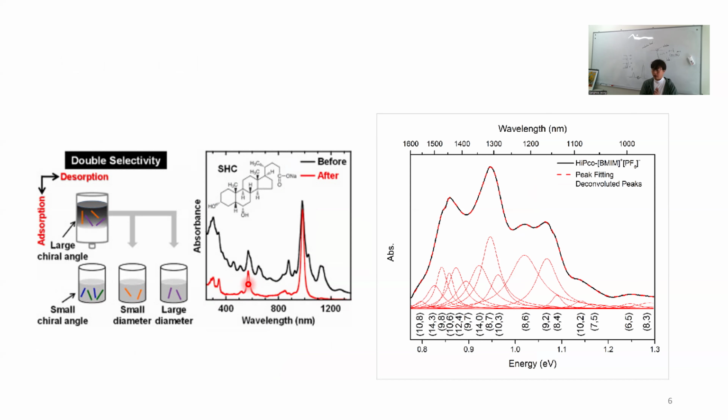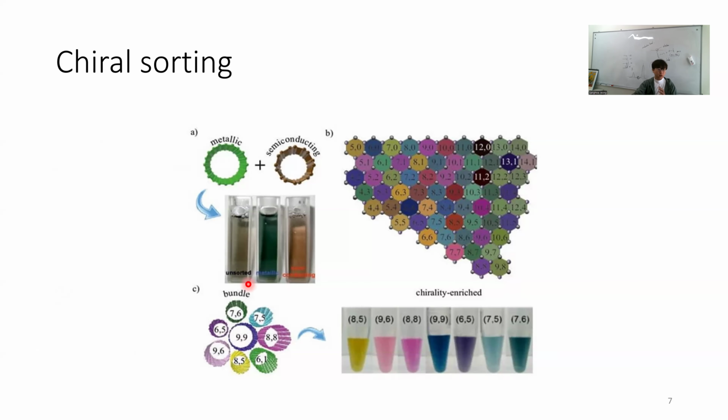So if you are properly sorting out single chiralities, for example, 8,5 and 9,6 or 6,5 here, they are most dominantly used. They are showing color. Like 6,5 is usually purple in my eye, and 8,5 is yellow. So it is not just beautiful, it is quite useful for many applications.